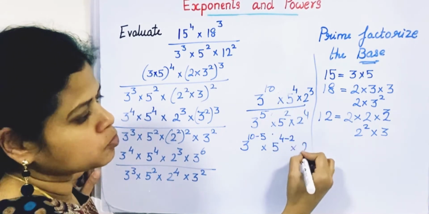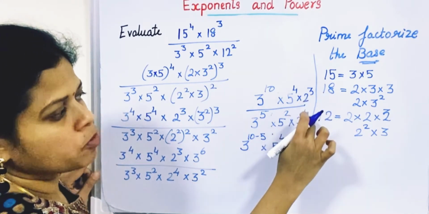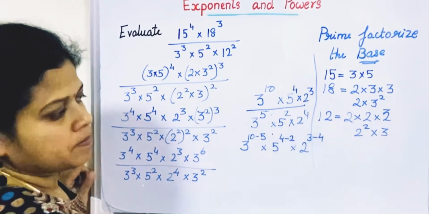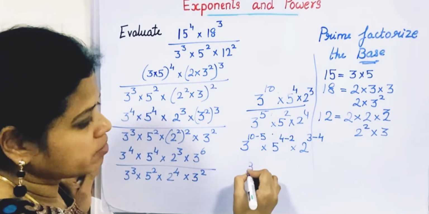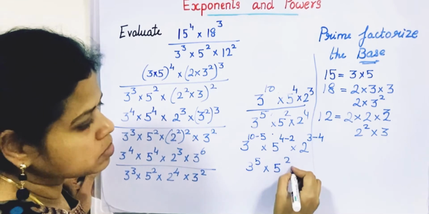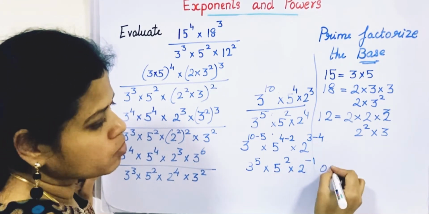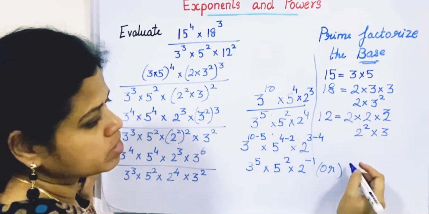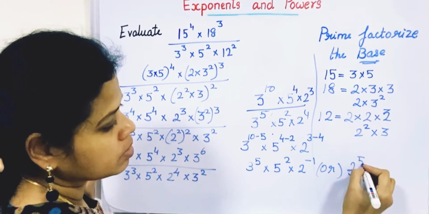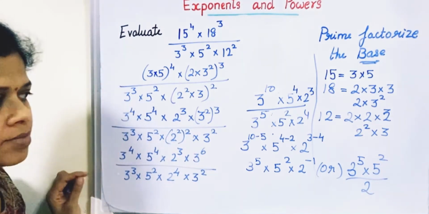Next is 2. The base 2, in division it is the same. So take the exponent and just subtract it. So it means that 3 power 10 minus 5, it's 5. Then here 2, that's minus 1. So the answer is this. Or we can show this negative exponent like this.